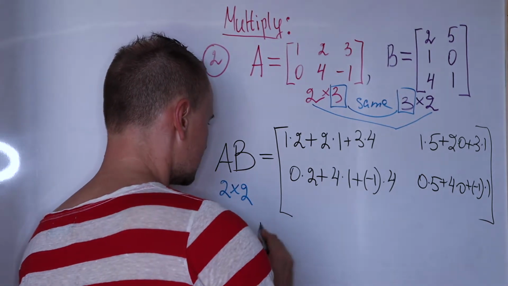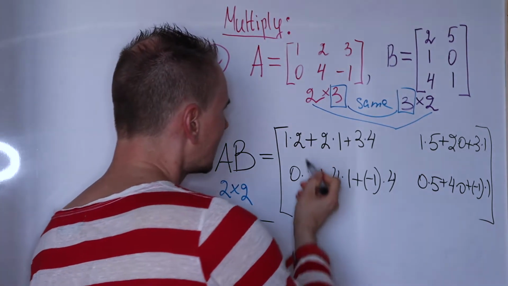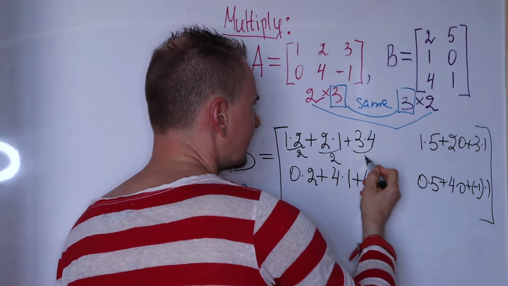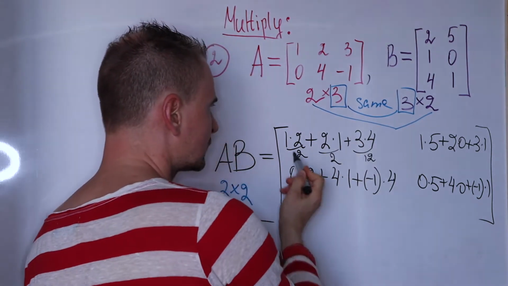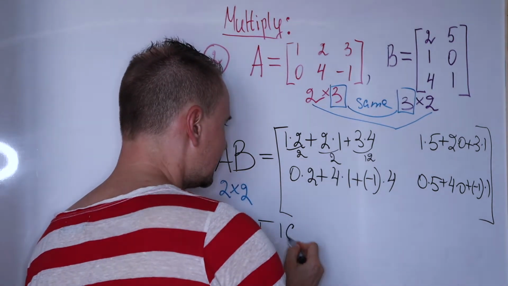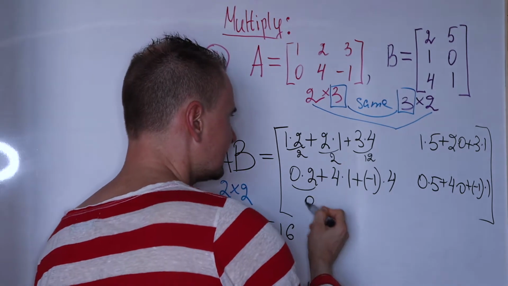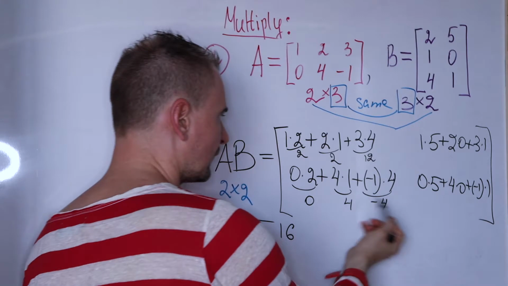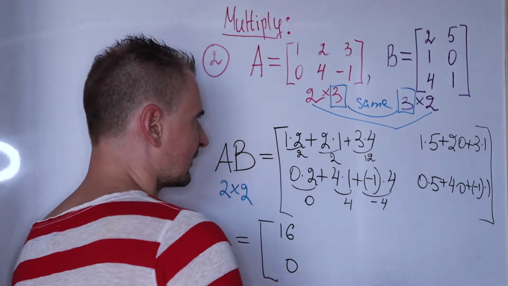So it becomes 2, 2, 12. So 2 plus 2, 4 plus 12 gives you 16. Over here 0, 4, and negative 4. So 4 minus 4, you would be left with 0.